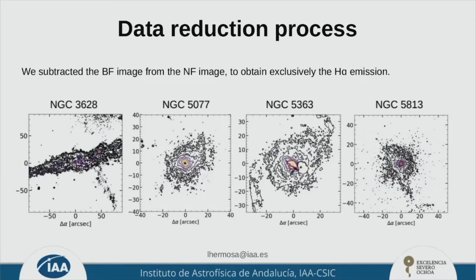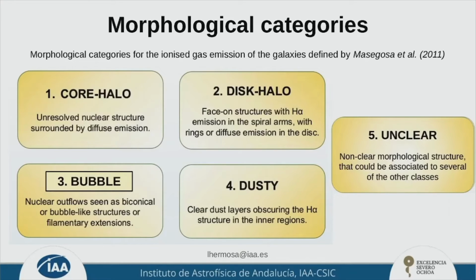So in order to constrain this and put some order here, we defined 4 different categories plus an additional one for the morphologies. So the 4 categories are these ones. Core halo means whenever we have nuclear emission surrounded by some diffuse emission, but essentially very nuclear.